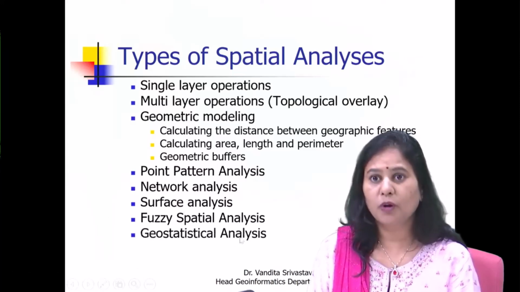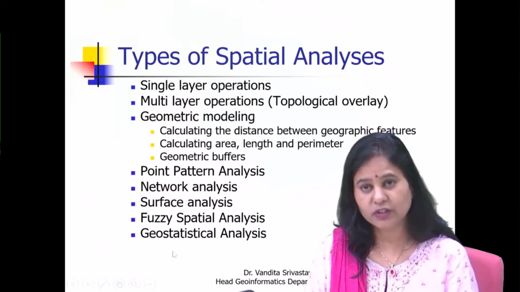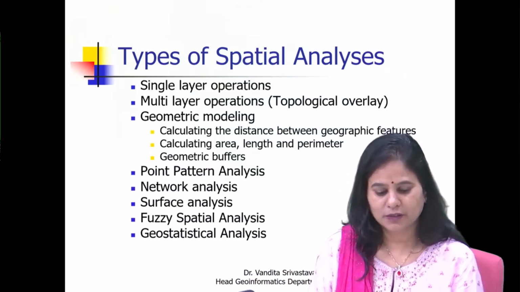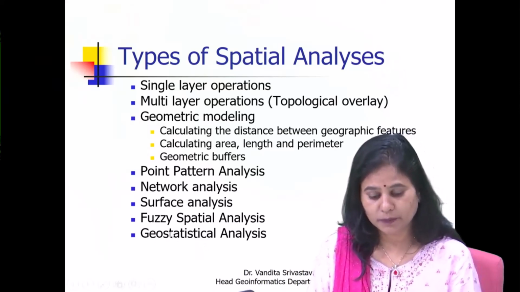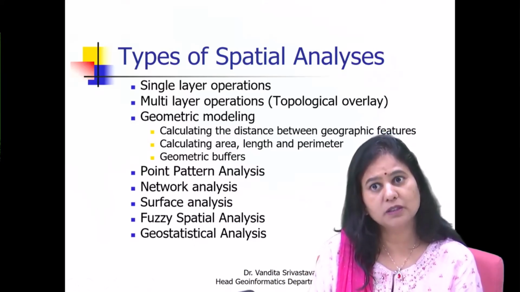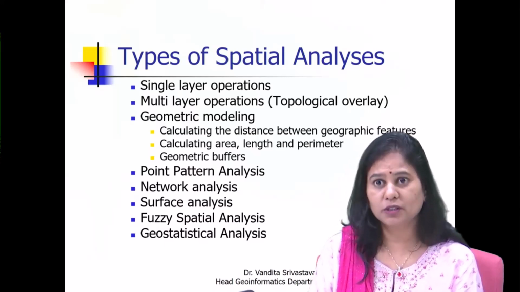Then you can perform geostatistical analysis, which is not based upon classical statistics, which we usually use in our calculations, but it is based on the theory of regionalized variables that was proposed by Georges Matheron, a French mathematician.